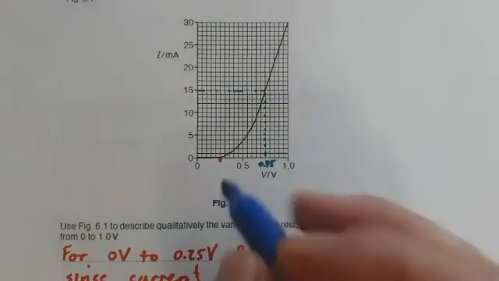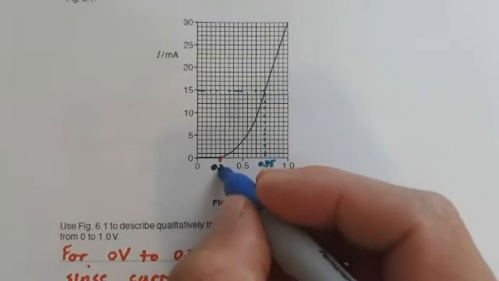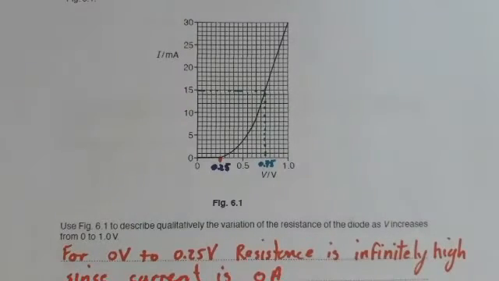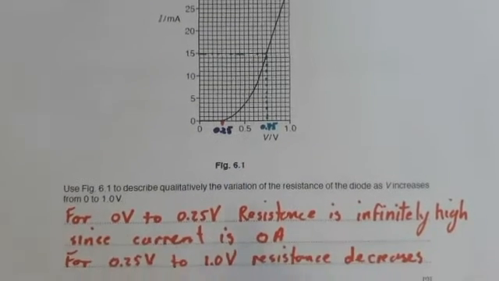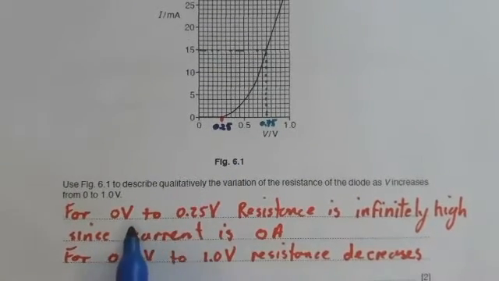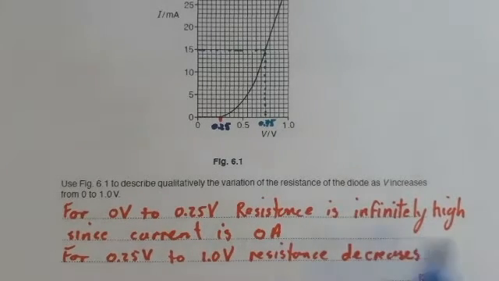That particular point is 0.25 volt. This means if there's no current, it has a very high resistance. So for 0 to 0.25, resistance is infinitely high since there's no current.